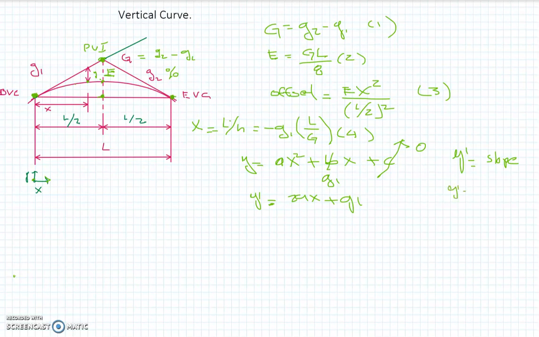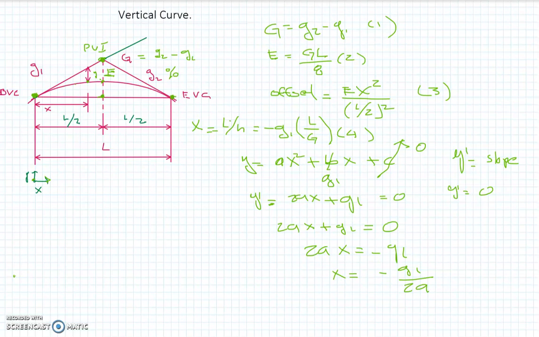When G prime is equal to 0, you find the distance from the beginning of the curve to the low or high point. So 2ax plus G1 equals 0, 2ax is equal to minus G1, and x, the distance from the beginning of the curve to the low or high point, is equal to minus G1 divided by 2a.